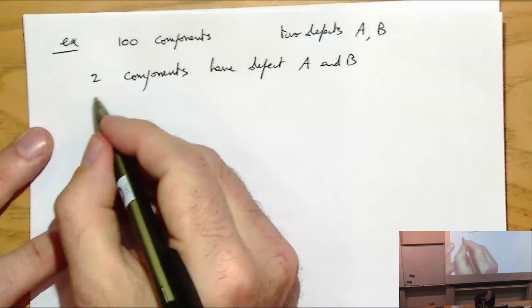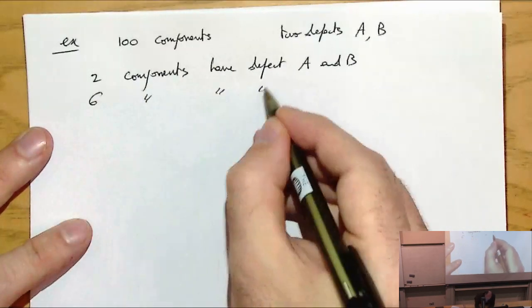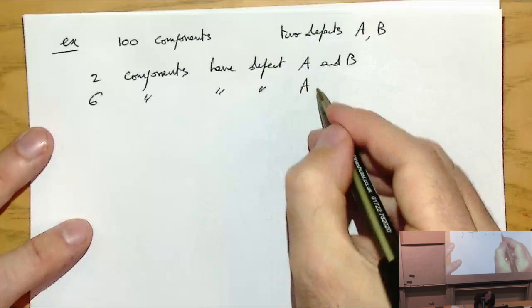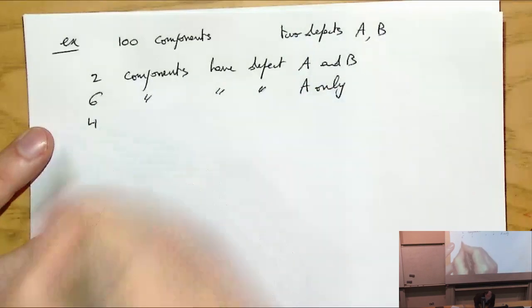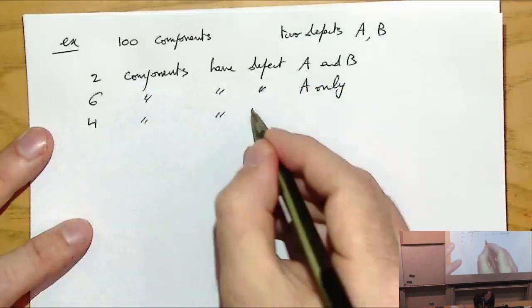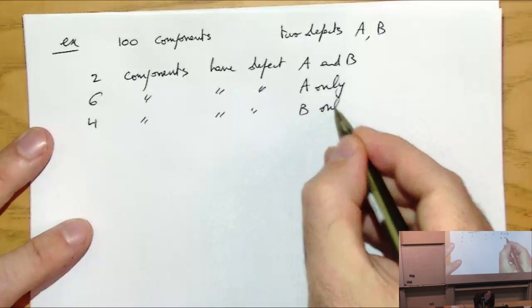And we know that 6 components have defect A only, and 4 components have defect B only, right?